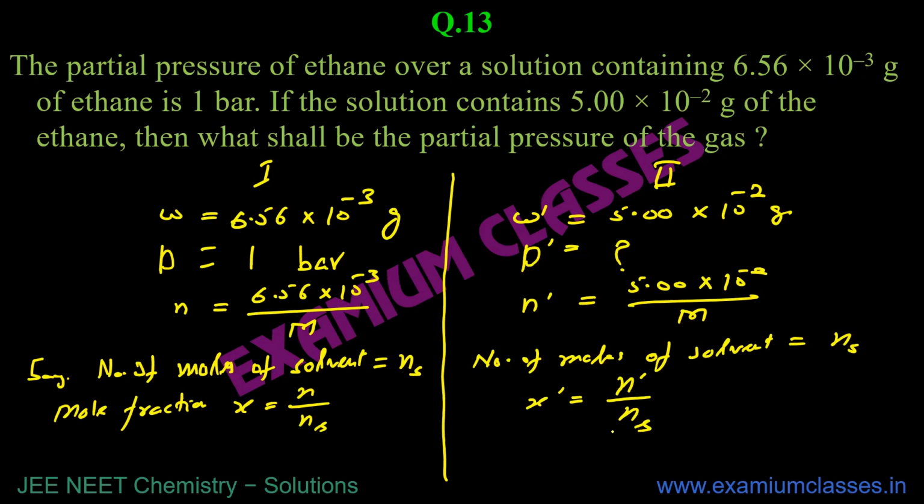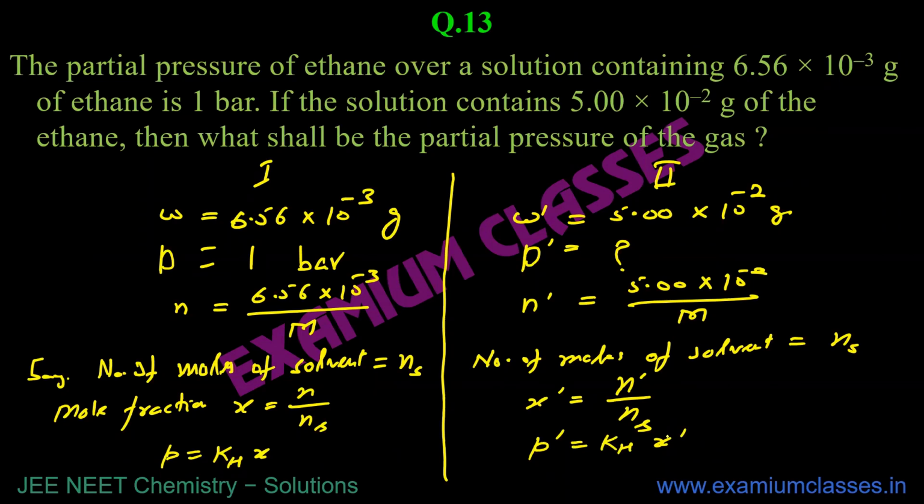Yes. Vedant, is that clear or not? Yes. Okay. Now you need to substitute these values. Either you say partial pressure is proportional to the mole fraction, or you say partial pressure is equal to KH times the mole fraction. In both cases, it is the same thing. KH will get cancelled. So now what you will do? In this case, P equals KH X. In this case, P dash equals KH X dash.